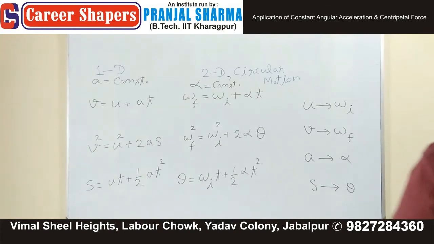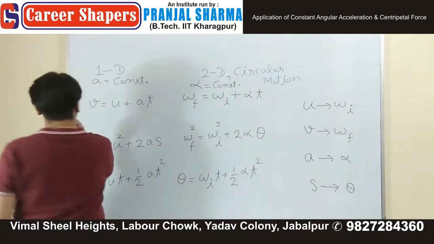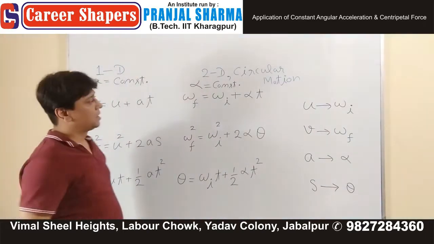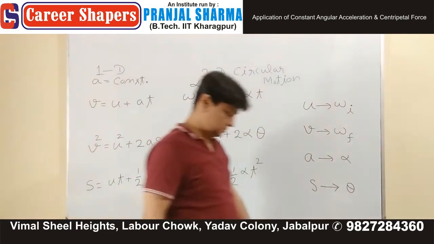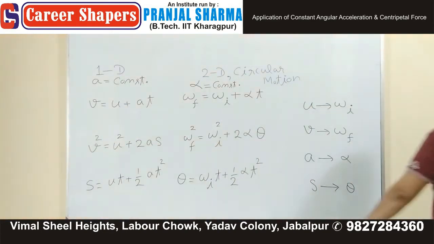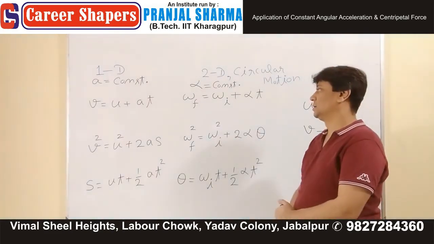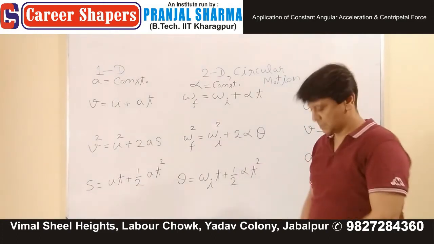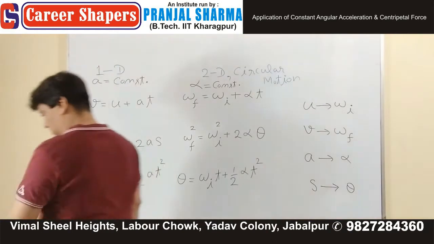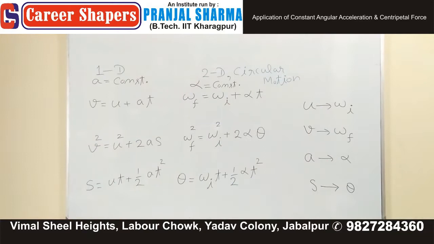I'll write down the question. An object is moving in a circle such that its angular acceleration is constant.